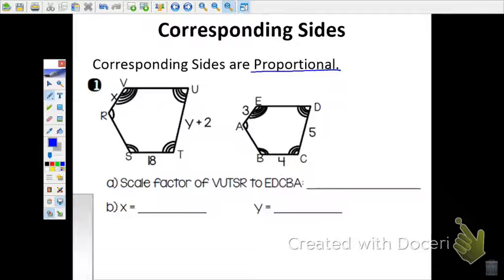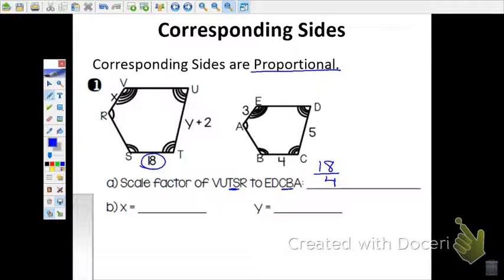When I look at this picture on the left, there is only one side that I have a number for that doesn't have a variable. It's this side of length 18, which is ST. So ST corresponds with BC. So my scale factor, 18/4, okay?